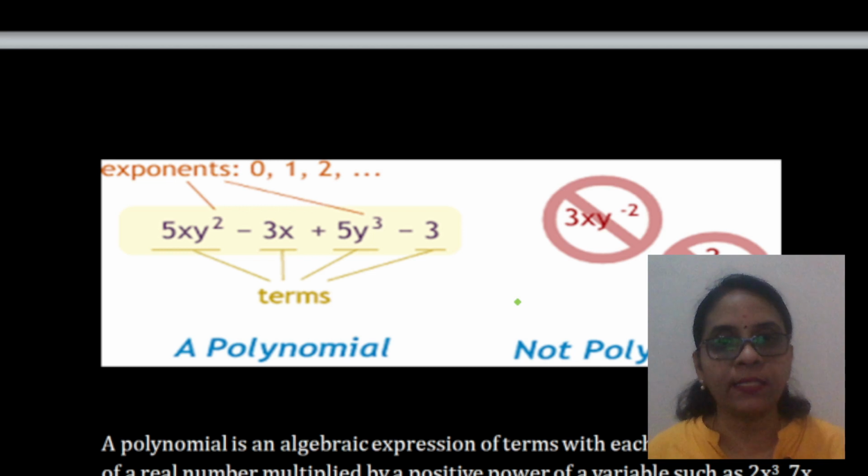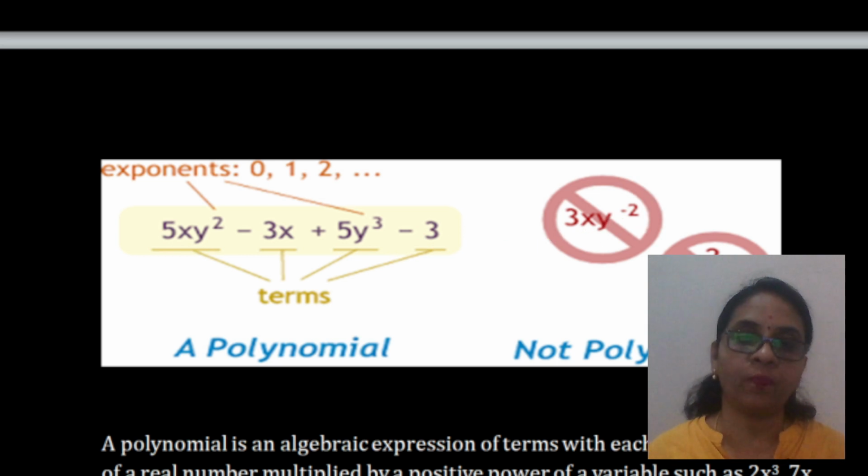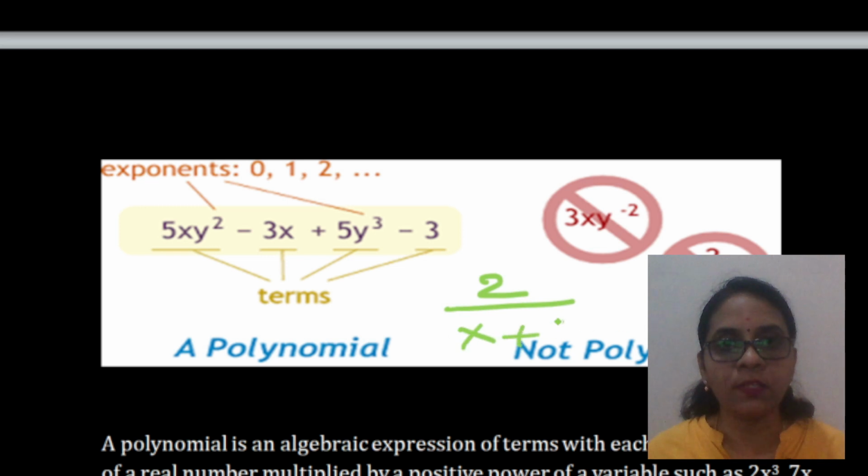Here you have 2 examples there, one which has 5xy square minus 3x plus 5y cube minus 3, and the other which has 3xy to the power minus 2, and the other one is 2 by x plus 2. Okay, I will write this 2 by x plus 2. Now, of these 3, which is a polynomial and which is not a polynomial?